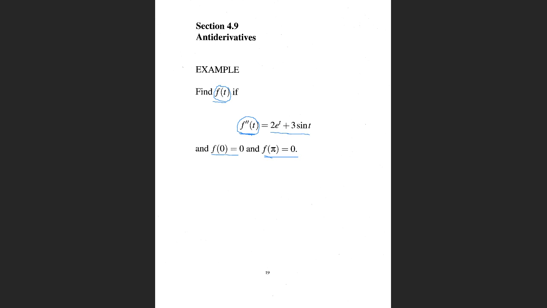Is that going to hold true for this problem? Can we go from knowing the second derivative of our function to knowing the function in just one antiderivative? Sebastian doesn't think so. Well, how many steps do you think this is going to take?